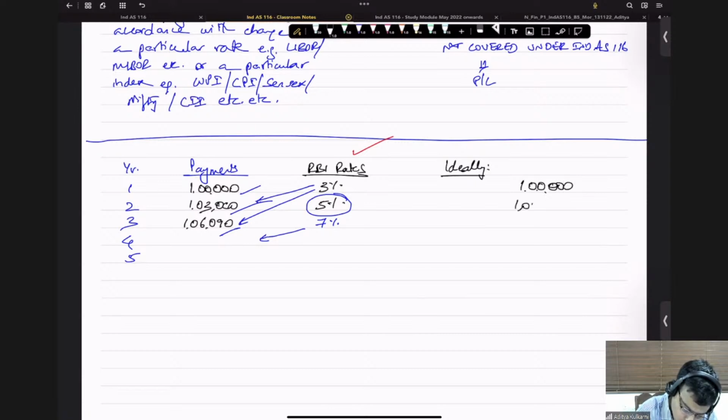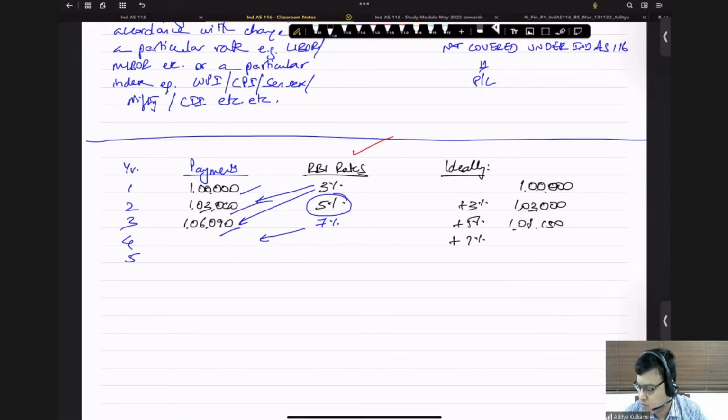Second year it would be 1,03,000 plus 3%. Third year it would be 1,03,000 into 1.05 because RBI rate is 1.05. So 1,08,150. Fourth year it would be plus 7%. So into 1.07, 1,15,721.